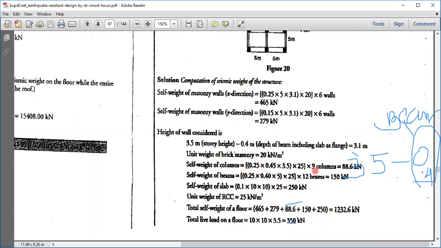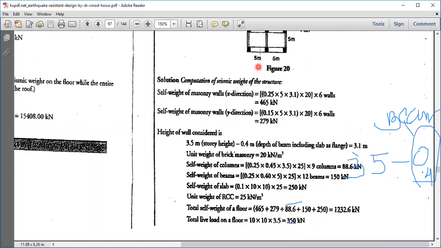Okay, so we know that, go back here. I have 50% of your columns and walls plus beams 150 plus slab 250. So that makes the total seismic weight on the roof, and then total weight of the structure is 3 times of the floors plus 1 time of the roof.